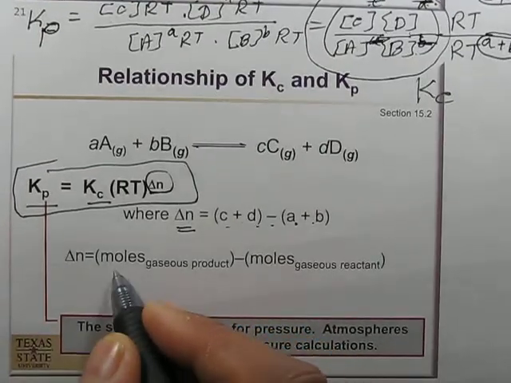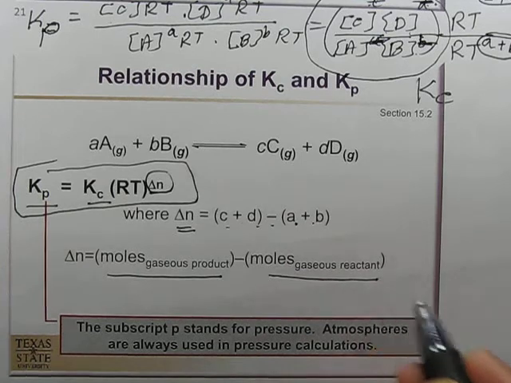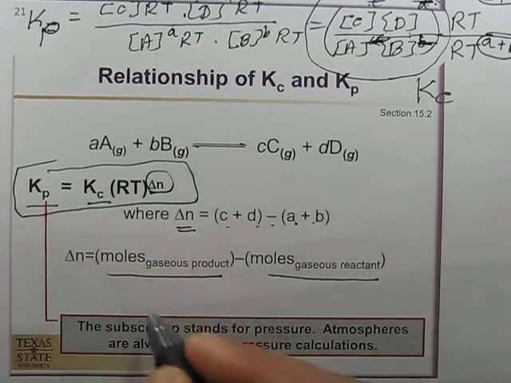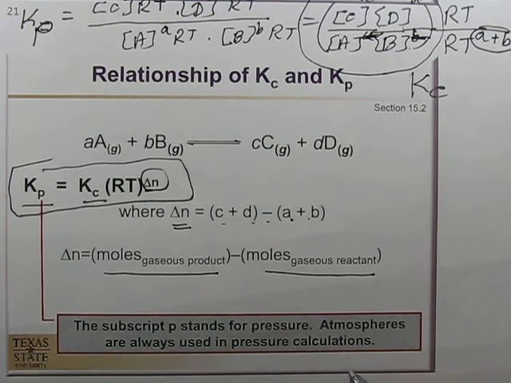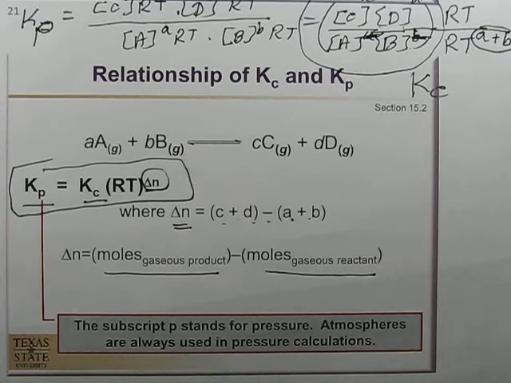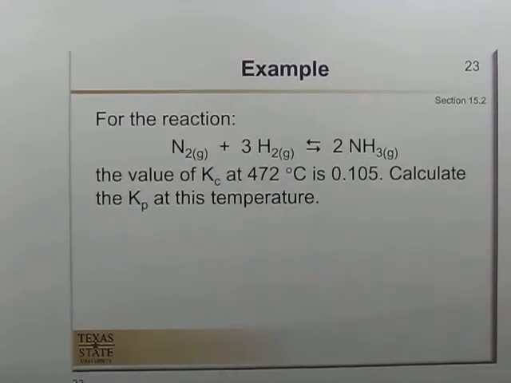So moles of gaseous product minus moles of gaseous reactant. The subscript small p stands for pressure, and atmosphere is always used in the pressure calculation, right? So this is how we establish the Kc and Kp relationship. And next, let's see one example to understand this calculation.